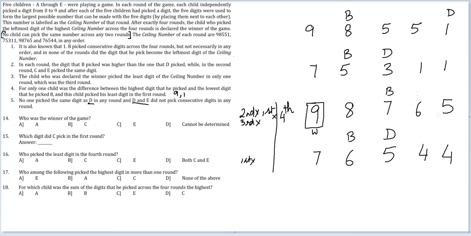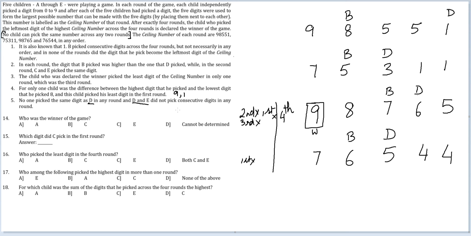In this fourth round, I don't know if D comes at 6 or 5. Yes, I can infer this also. No child can pick the same number across any 2 rounds, because D is picking 5 in this round. So D will necessarily come here. So D has 1, 3, 6, 5. All digits are distinct. Fine.